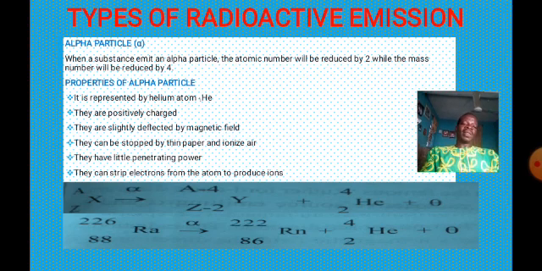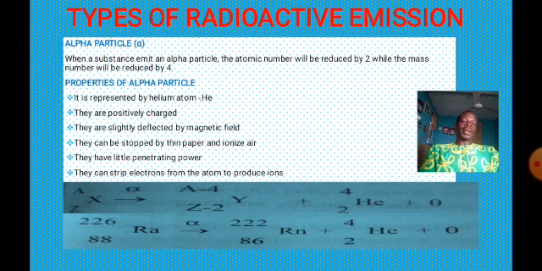Let's look at another example. We have radium with atomic number 88 and mass number 226. When this element is bombarded with alpha particle, it produces another element called radon.